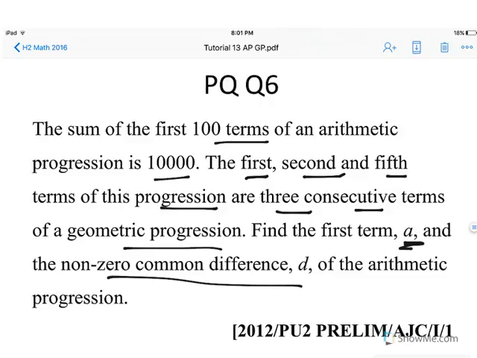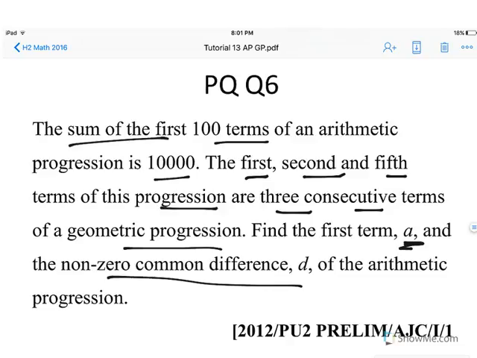The sum of the first 100 terms of an AP is 10,000. So we know that our AP follows this formula: n over 2, times 2a plus (n minus 1)d.